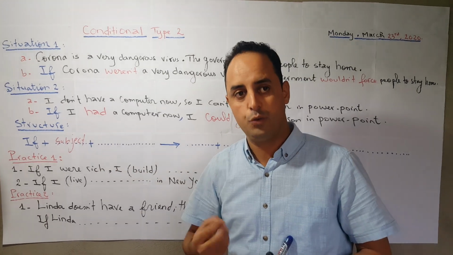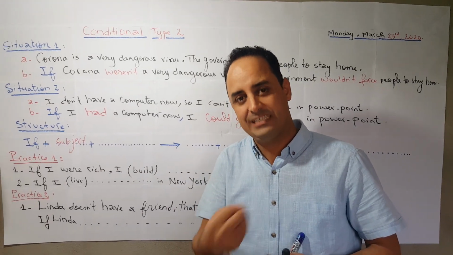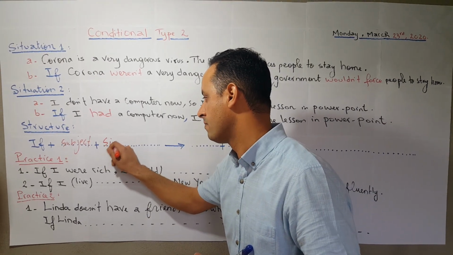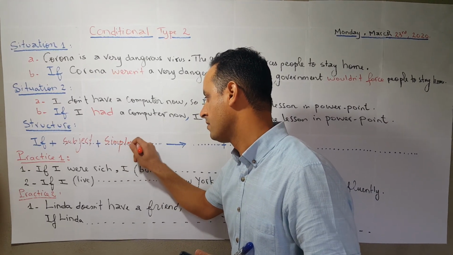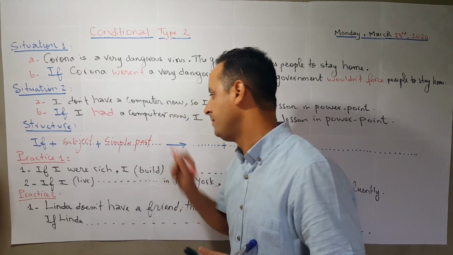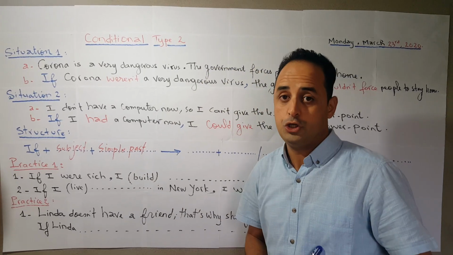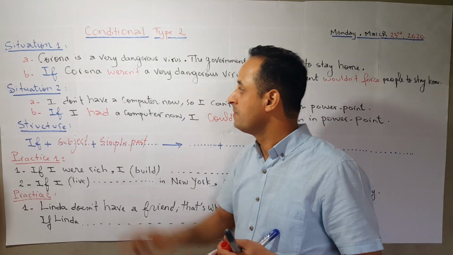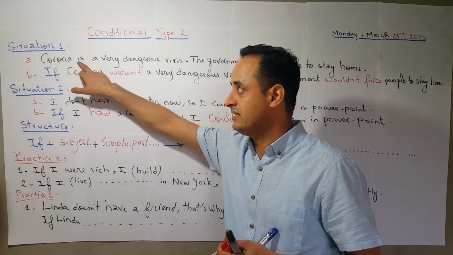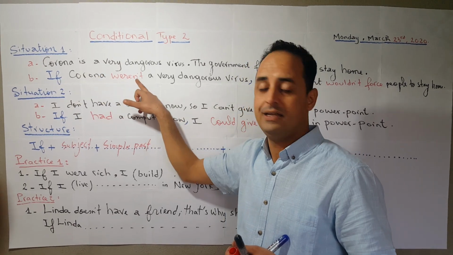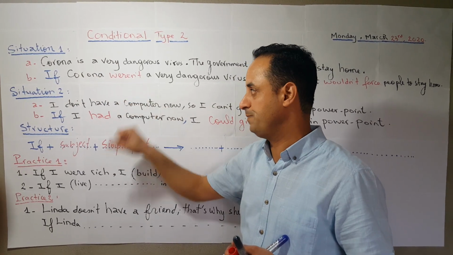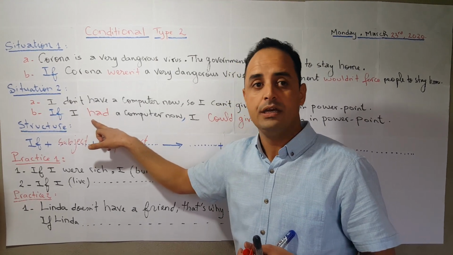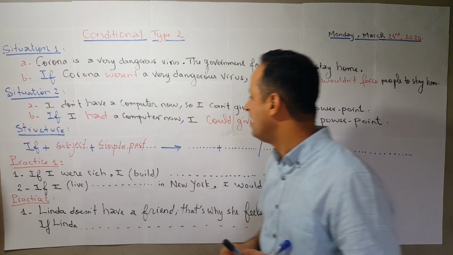We understand that we use the verb in the past simple, or simple past by the way. And it should be the opposite of the real situation. The real situation is affirmative, then it's negative in conditional type 2. The real situation is negative, in conditional type 2 it's affirmative.